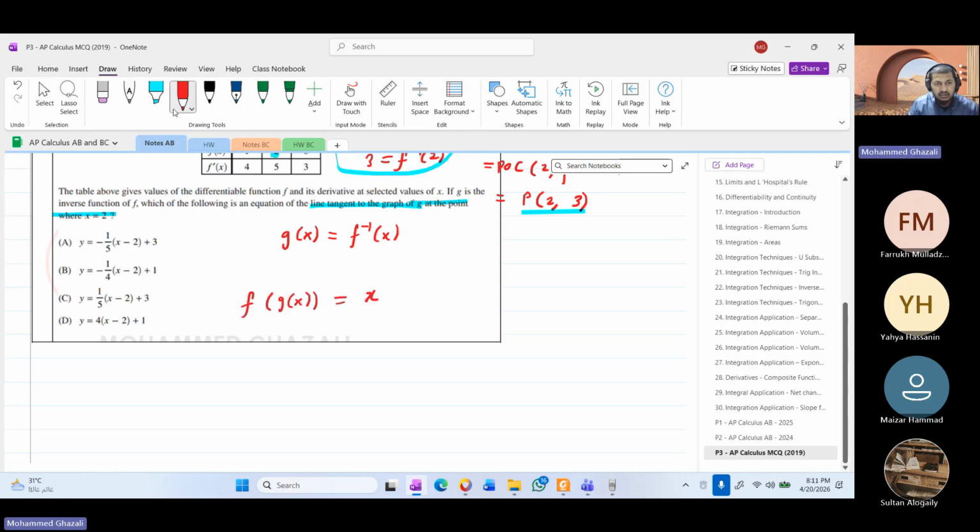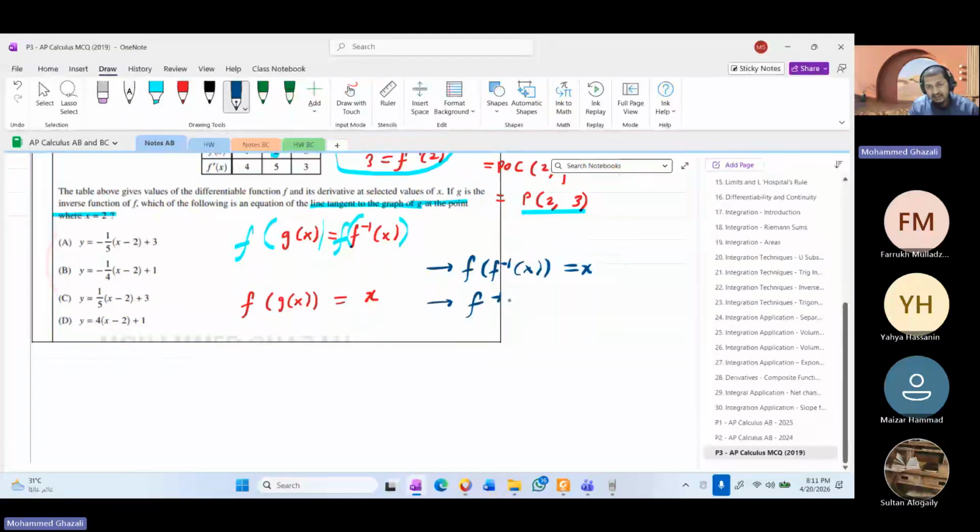Let me do a step in between for you. Basically you're functioning both sides, so you can see f and f inverse cancel out. That's x. Remember the rule is f of f inverse x is equal to x. We have proved that in inverse functions. Or f inverse of f of x is also equal to x. Knowing these two rules, now you need to find the derivative of this.